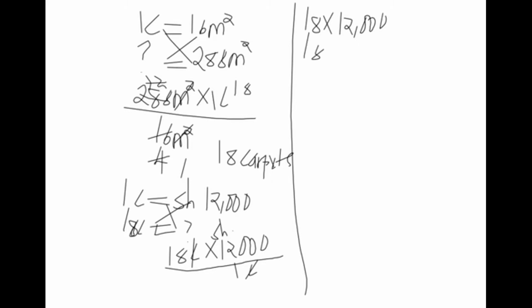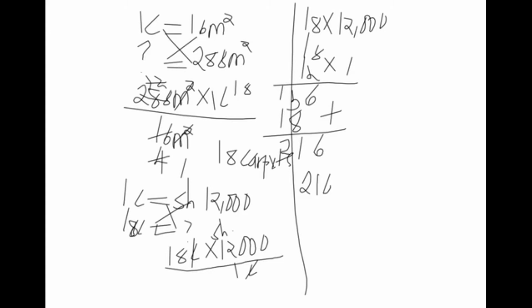So 18 multiplied by 12. 2 times 8 is 16, carry 1. 2 times 1 is 2, plus 1 is 3. 1 times 8 is 8, 1 times 1 is 1. So we have to add, so this is 6. 3 plus 8 is 11. We carry 1, so 1 plus 1 is 2. So we have 216,000 shillings. So the cost to cover the floor equals 216,000 Kenya shillings.